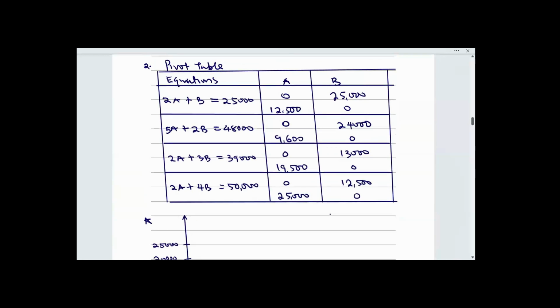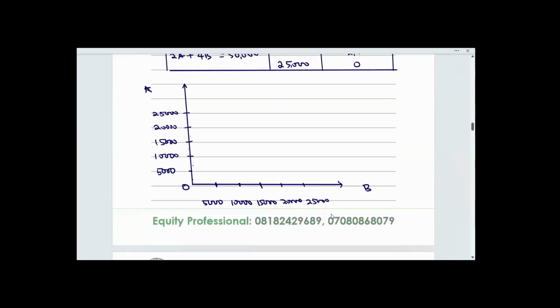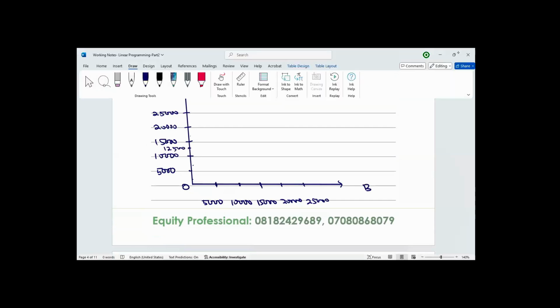So in the first equation, 12,500 for A. From my graph, I need to identify where I can indicate 12,500. So 12,500 would be between 10,000 and 15,000. So here will be 12,500. Let me use a different color for that.